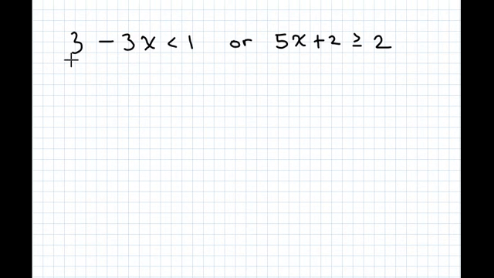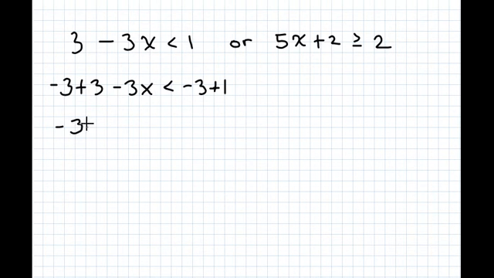So in this particular one here, I'm going to go ahead and subtract 3 from both sides. So negative 3 plus 3 is going to be 0, so we're going to be left with negative 3x is less than negative 2.